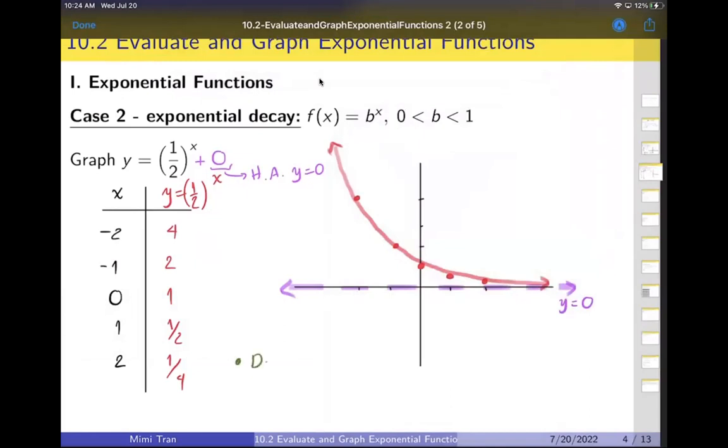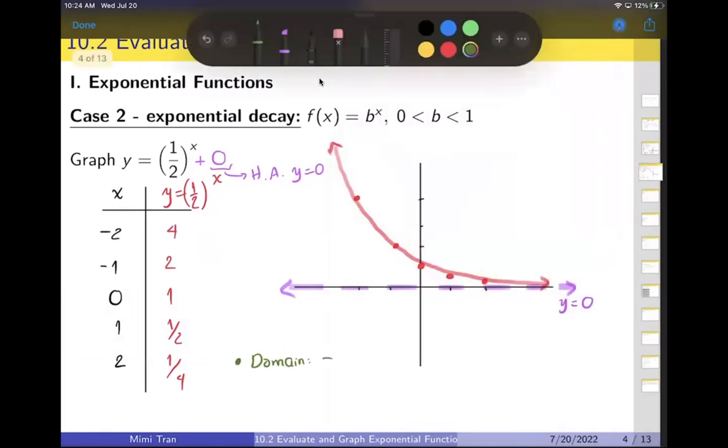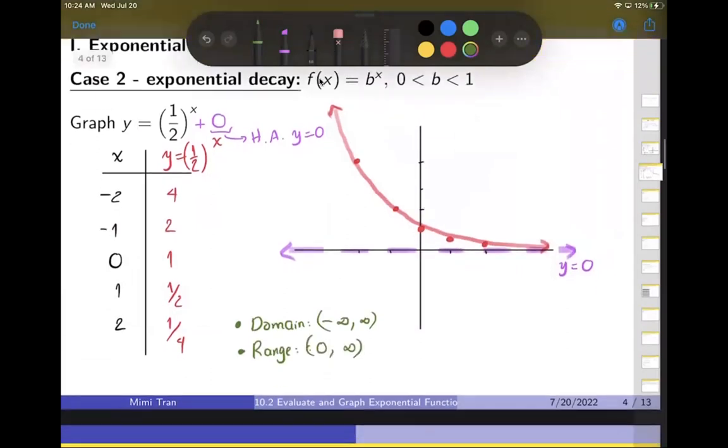So the domain, you can see the domain is all real numbers, right? Going from negative infinity to positive infinity. What about the range? Go from 0 to infinity. Is there an x-intercept?